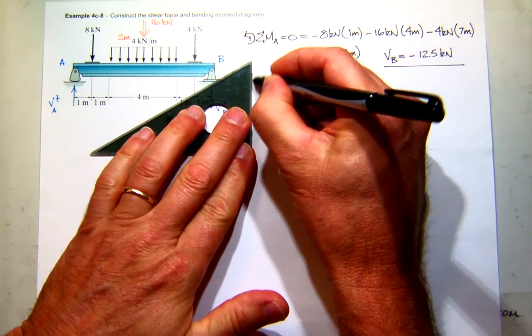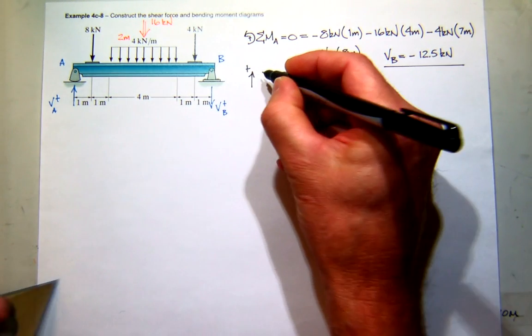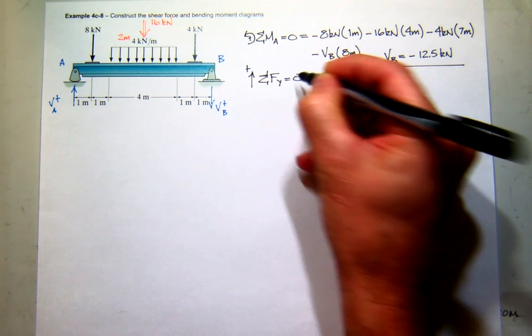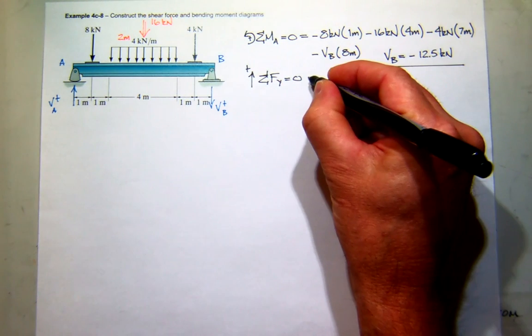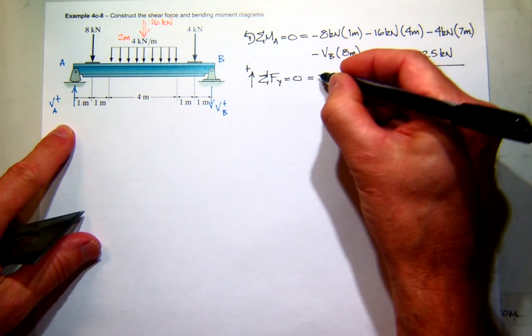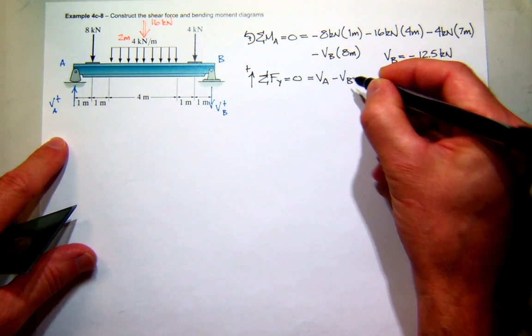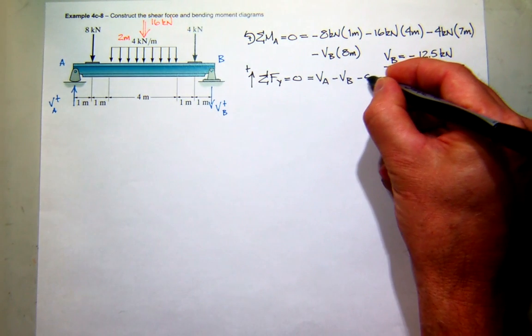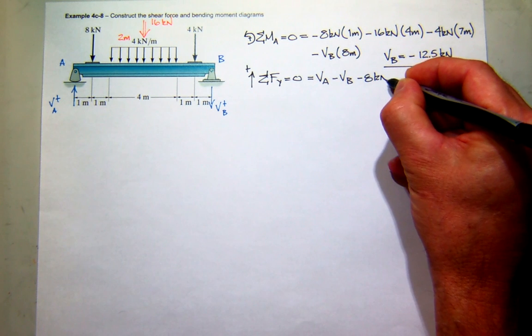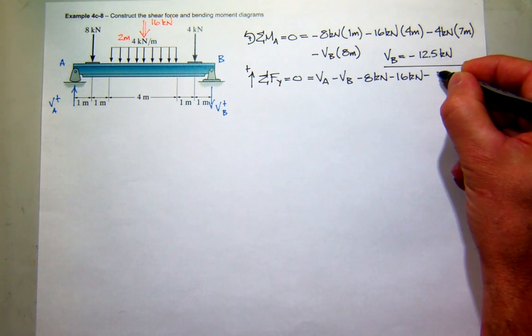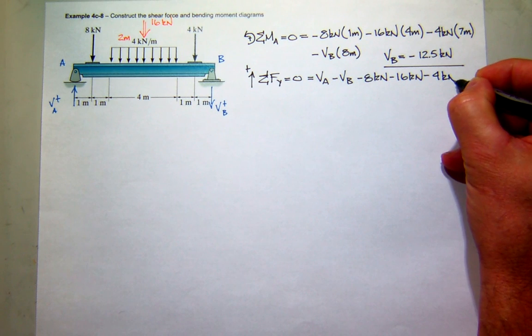All right, so to get the reaction at A, I will sum all the forces in the y direction and make sure they're in equilibrium. So looking at my free body diagram, I have the shear at A minus the shear at B, and then all those forces are down. So I have minus 8 kilonewtons, minus 16 kilonewtons, minus 4 kilonewtons.